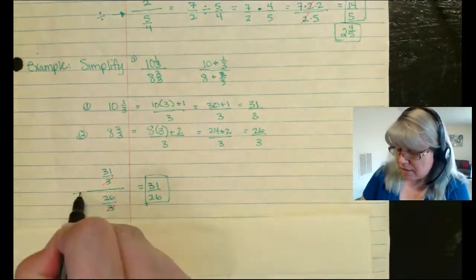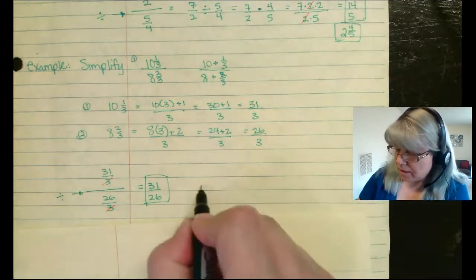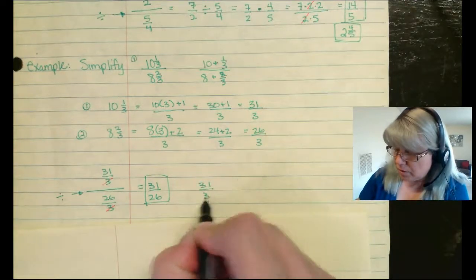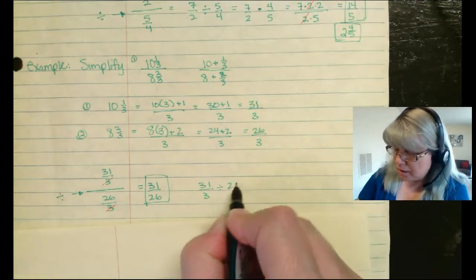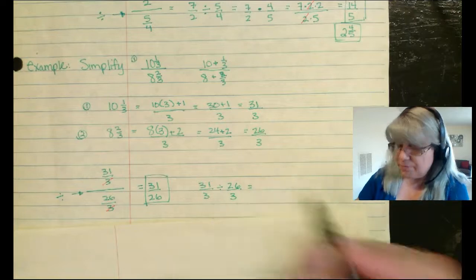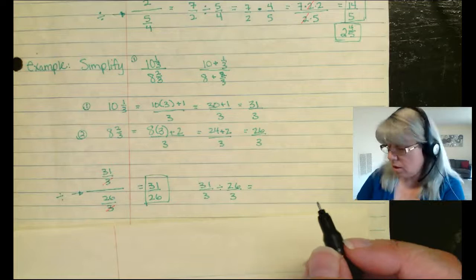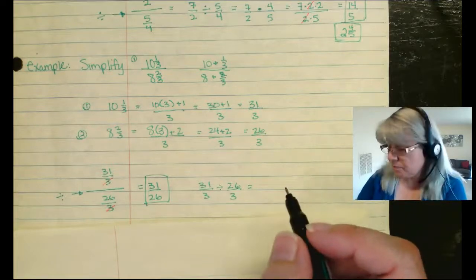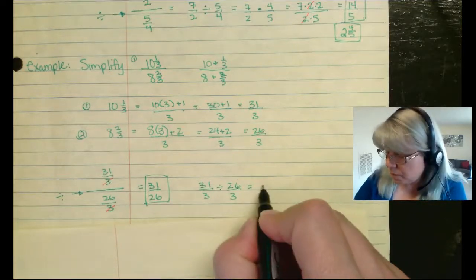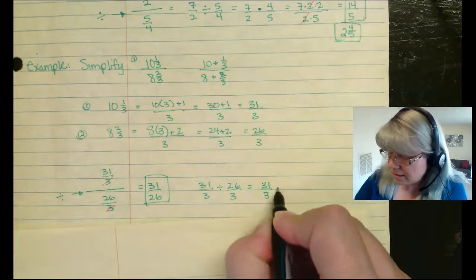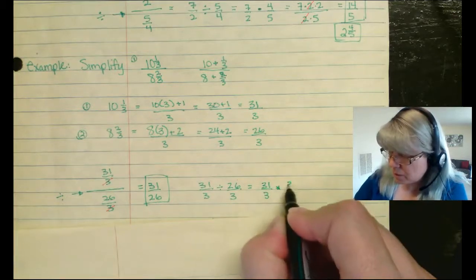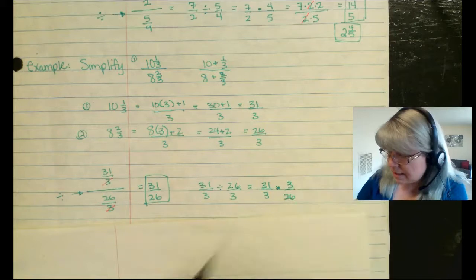If I do this division, it is going to be 31 thirds divided by 26 thirds. Cannot do a division of fractions, so I change it to the multiplication of the reciprocal. 31 thirds times 3/26.